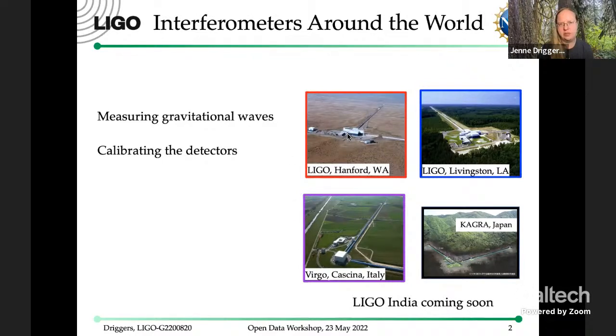I say kilometer scale because these are small photos, and for that I apologize, but this is a building. You can't even see the cars parked at the building, and the arm length is 4 kilometers into the distance from the main building.